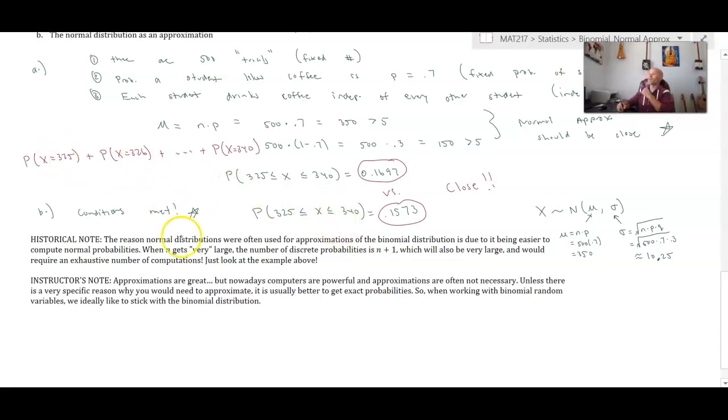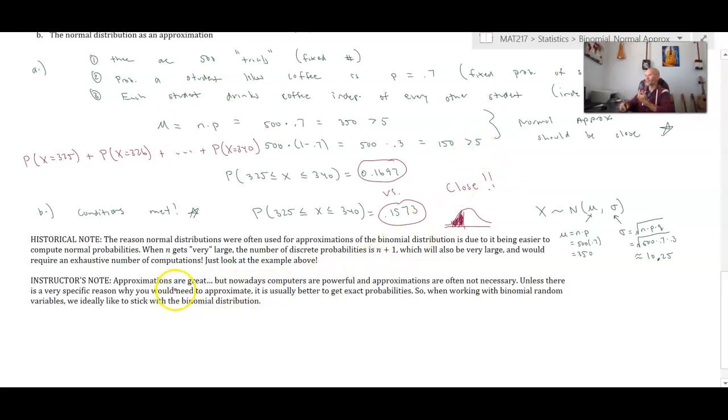But if you were doing this manually back in the past, you would have to compute these probabilities and sum them together to get this 0.1697. For the normal approximation, you could find just the area between two regions, which would be done via a table, which we're not going to get into here.